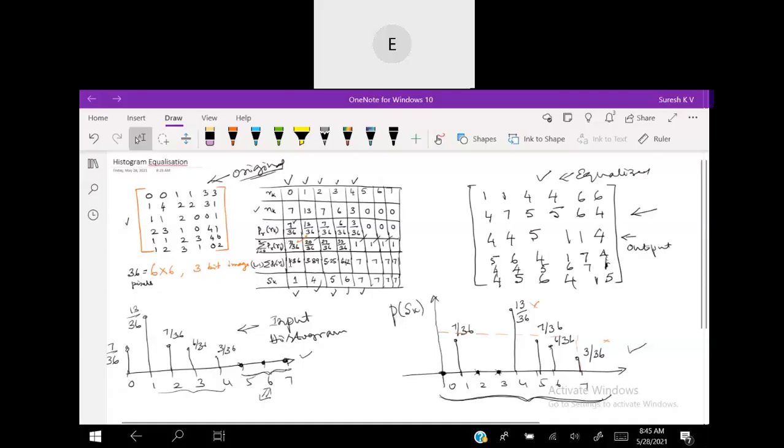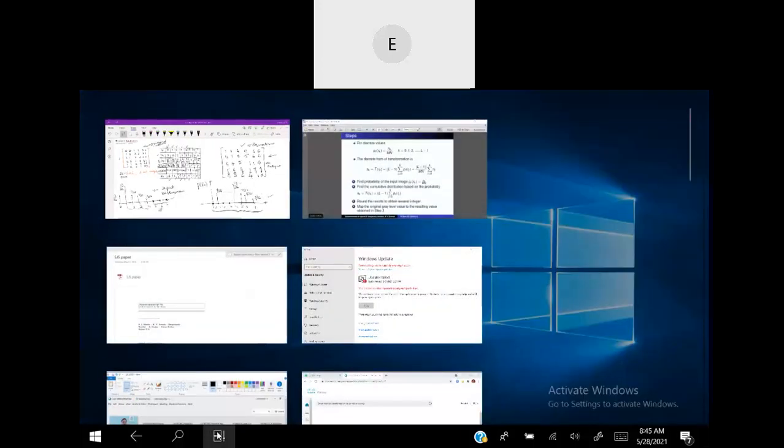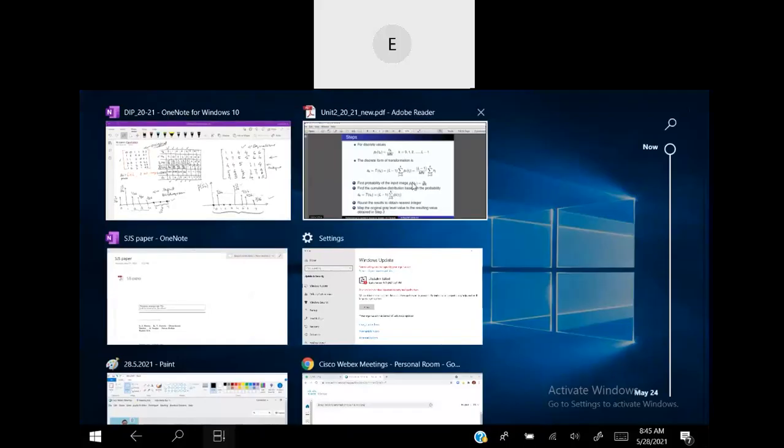So map all the input values to these target values, write the output image, then write the input histogram and the target histogram. Any doubt? No, sir.